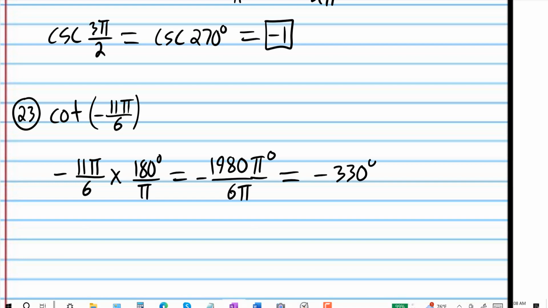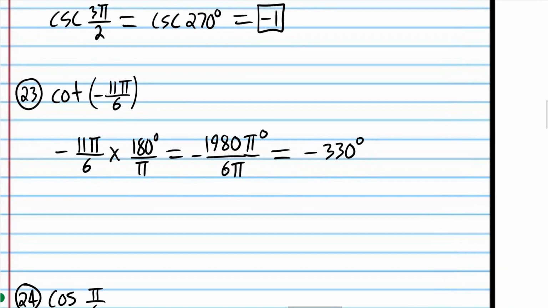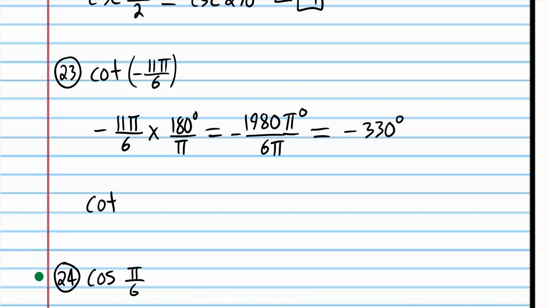The pi's cancel out. So cotangent -11 pi over 6 is the same thing as cotangent -330 degrees.